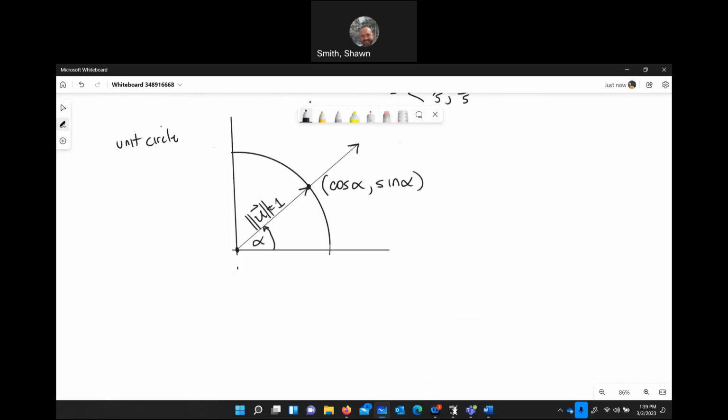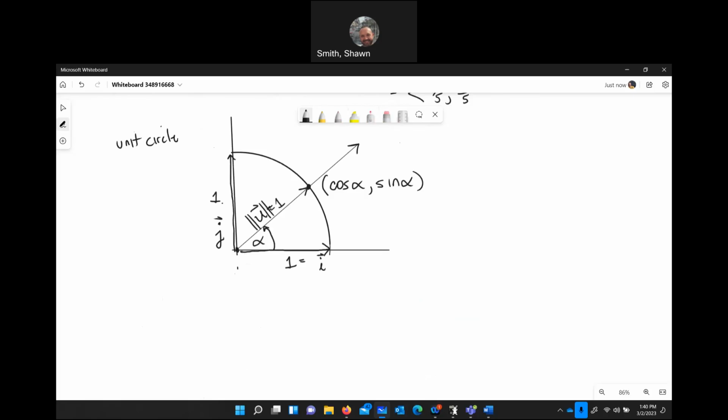All right, so this is 1 unit here, this is 1 unit there. This vector going in this direction, 1 unit out, that's the i vector, right? And this would be the j vector.